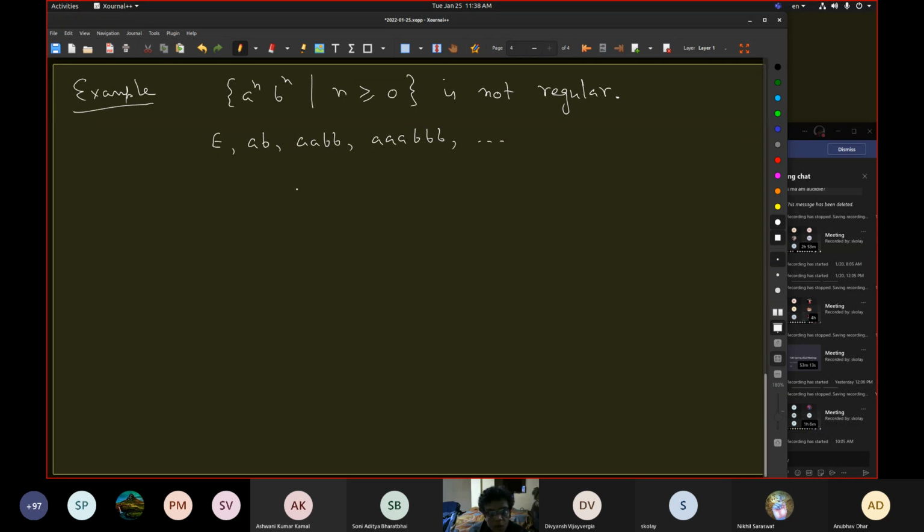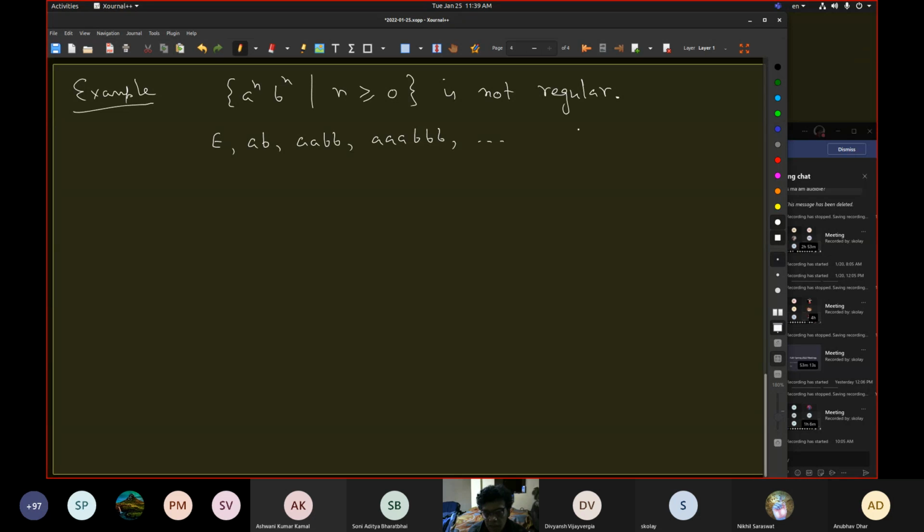But before doing that, let us have some intuition. Some number of A's are coming, and then some number of B's are coming. This count and this count have to be matched. They have to be equal, right? So what kind of memory does a DFA or an NFA have? It can remember certain things in its states. Yes or no?